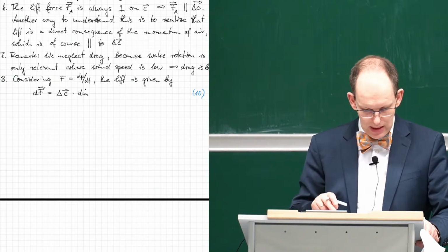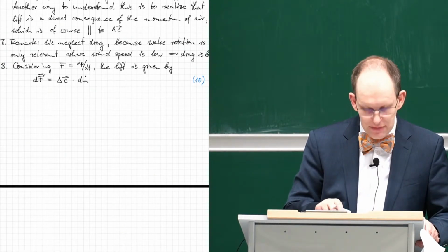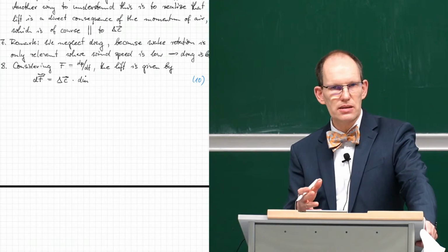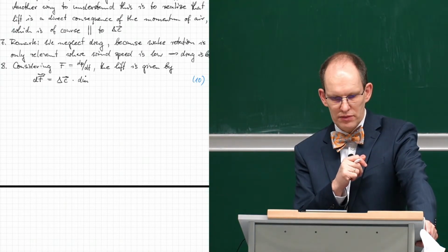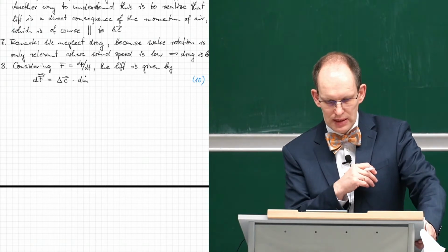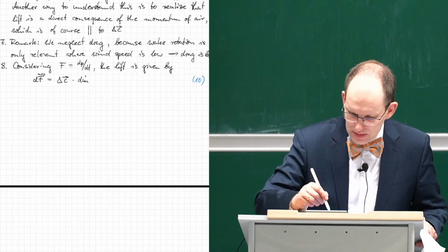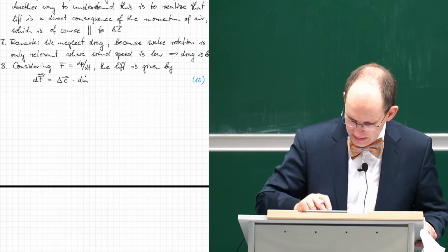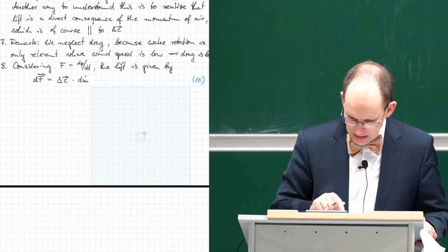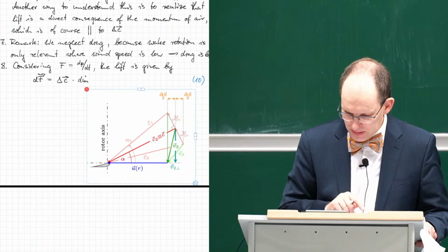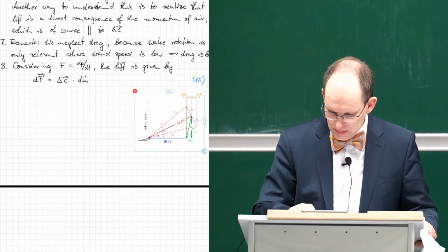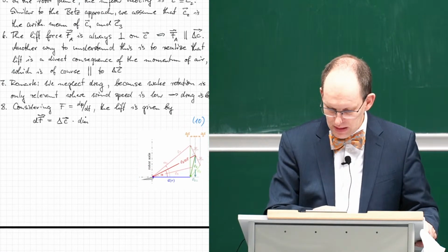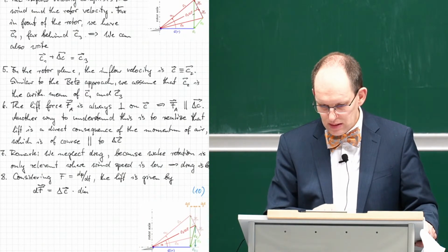And now we have to find an expression for this dm, the derivative of the mass element. To this end, another figure, actually pretty close to the figure that we have shown before. You see that it's pretty much the same figure as above.